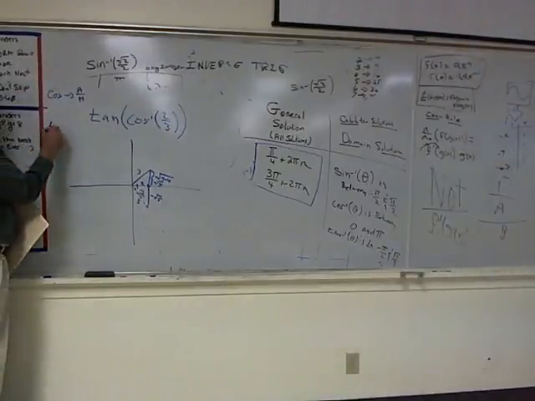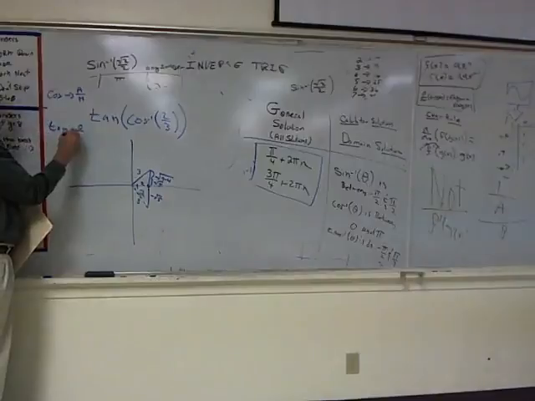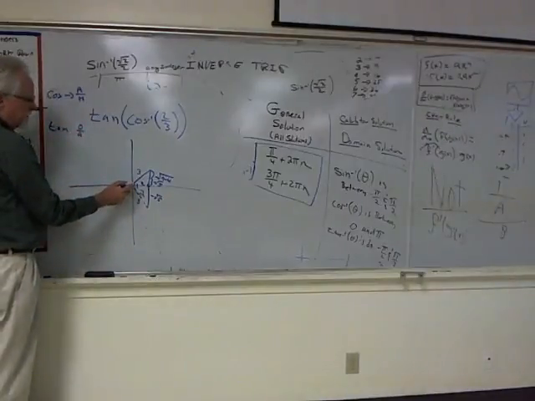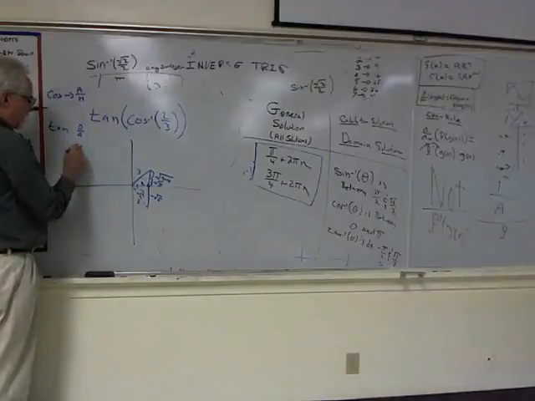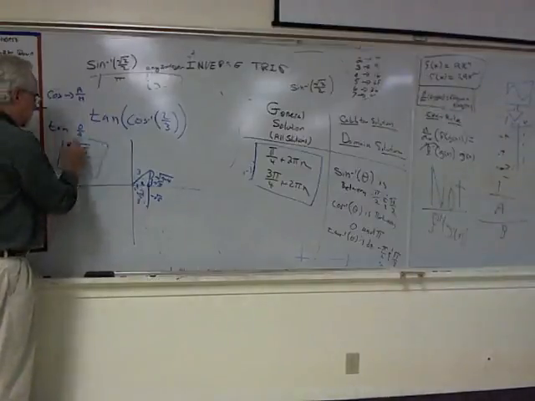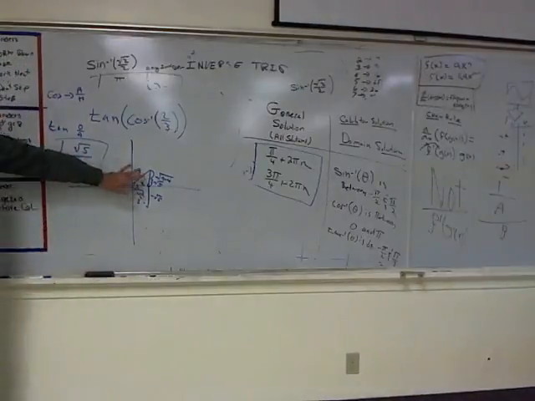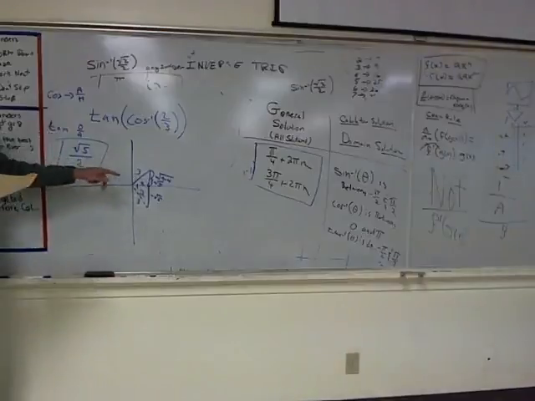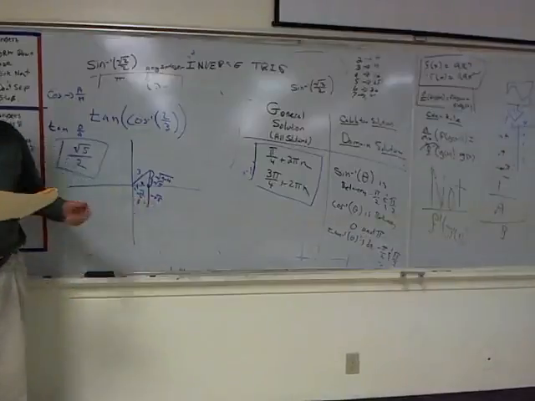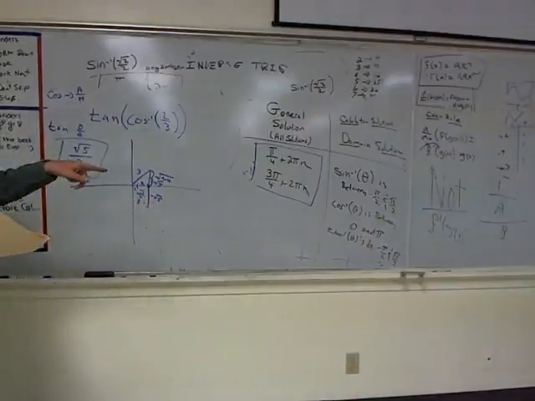What is sine inverse of -1? It's 270. What are we working in? Radians, 3 pi over 2. But is that the right answer? Is 3 pi over 2 the right answer? No, because of the domain.